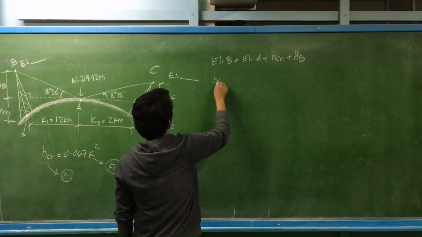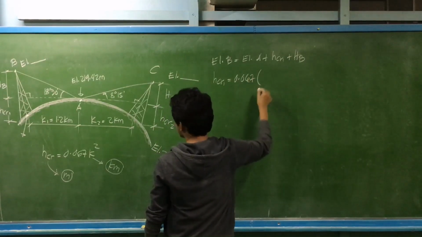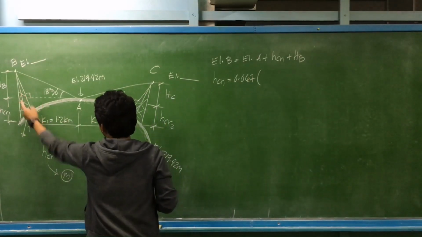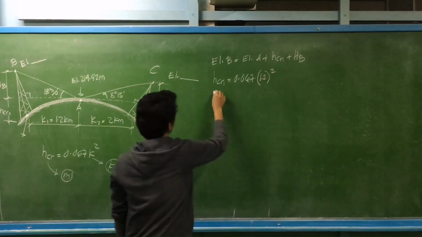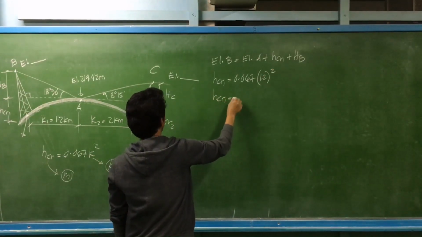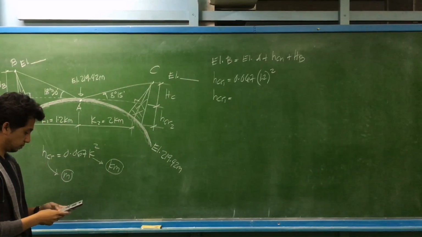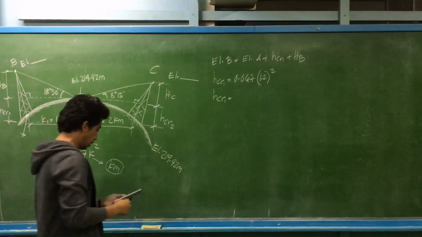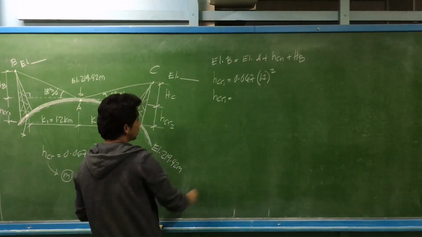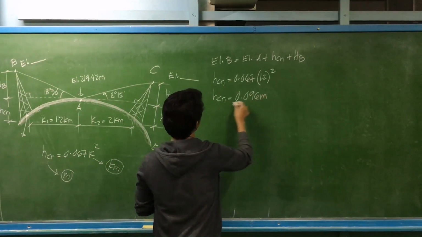We have h sub CR number 1 is equal to 0.067 times K squared. Ano yung K from point A to point B? That is 1.2 kilometers. This is h sub CR number 1, is equal to 0.096 meters, medyo maliit lang siya.